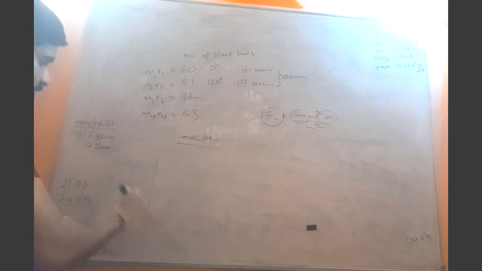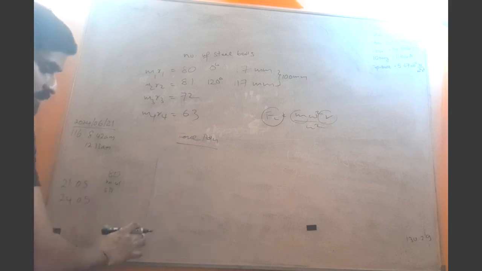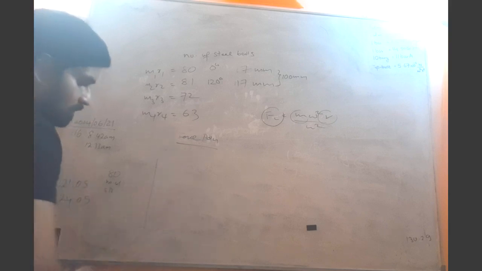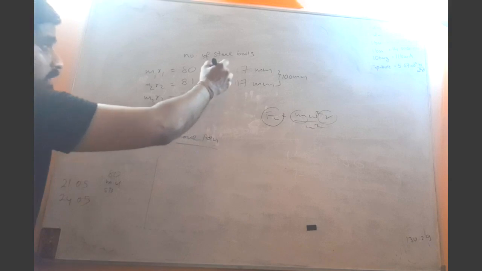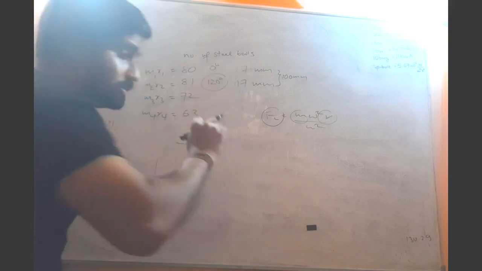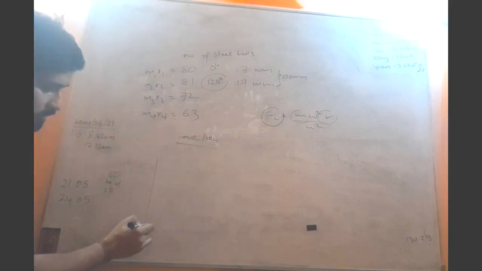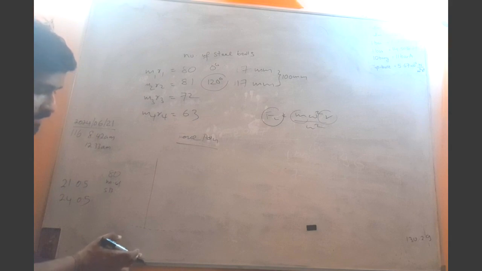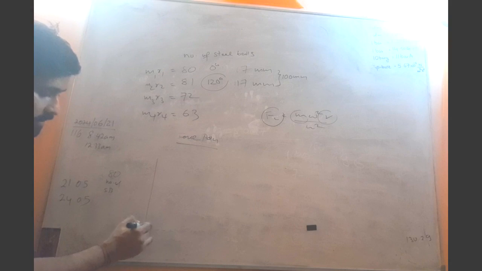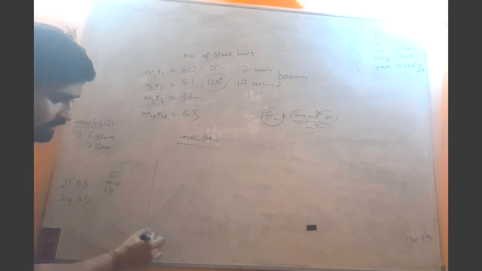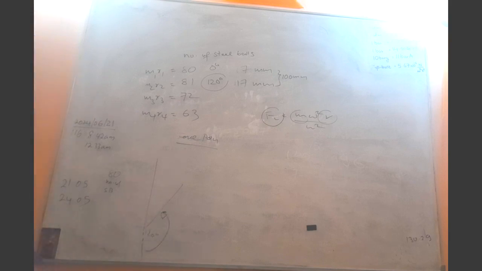represents 80 steel balls. Now this length is measured. Put some dotted line. Now the next angle is 120 degrees, measured with respect to the downward vertical. So this angle is 120 degrees. Now you got the point.